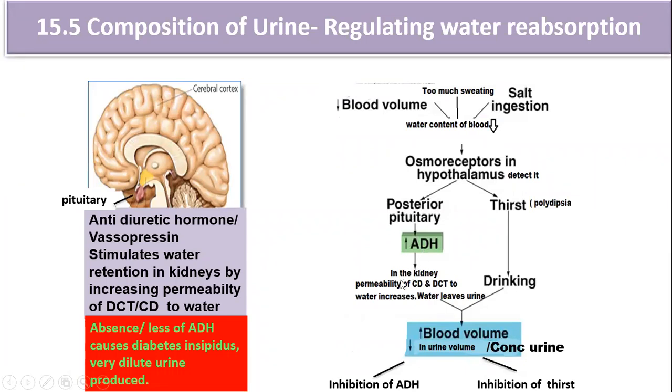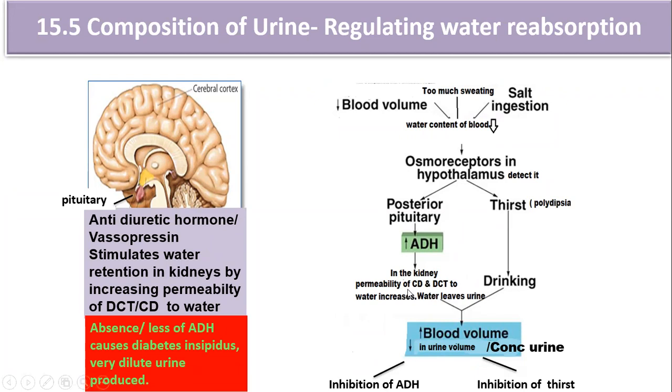In the kidney, the permeability of the collecting duct and distal convoluted tubule to water is going to increase. So there will be an increase in water reabsorption because of the change in permeability of the cells of the collecting duct and distal convoluted tubule. ADH stimulates reabsorption of water from the distal collecting tubule and the collecting duct by increasing the permeability of the cell.